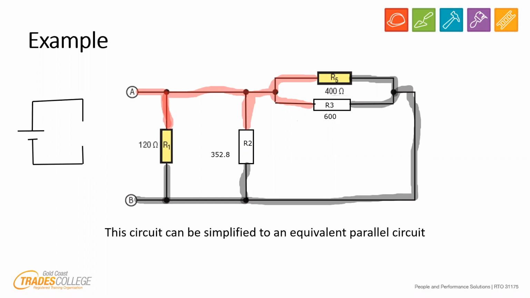I'm going to use the rectangle because it's a little bit easier for me. So there's our simplified circuit. We don't have any other values other than resistors, so we're just going to put this in for now. Let's simplify this last one.